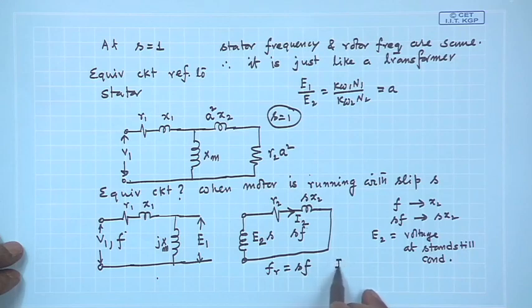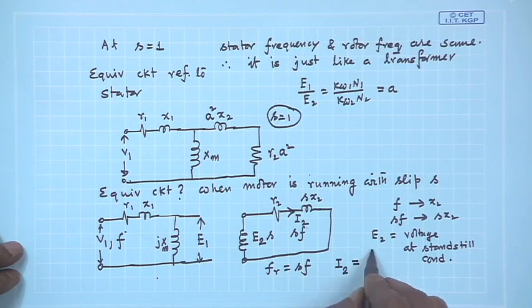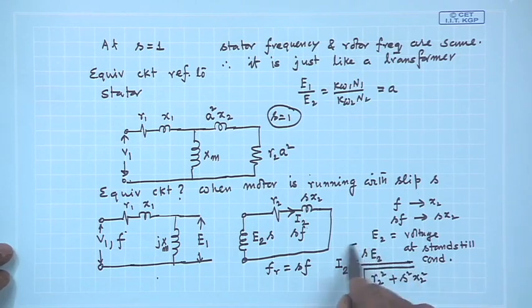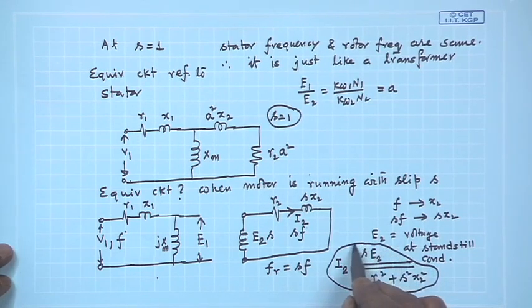The RMS value of the rotor current will be E 2 S, that is S E 2, divided by the square root of R 2 square plus S square X 2 square, where X 2 is the reactance at standstill condition. So, that is why the reactance has been modified. This is the expression of I 2.